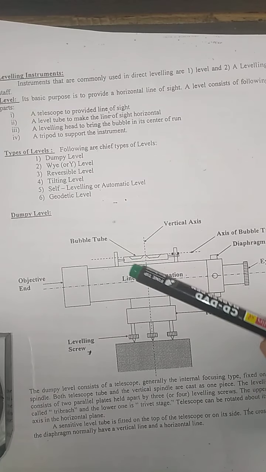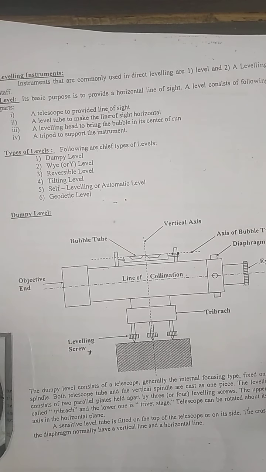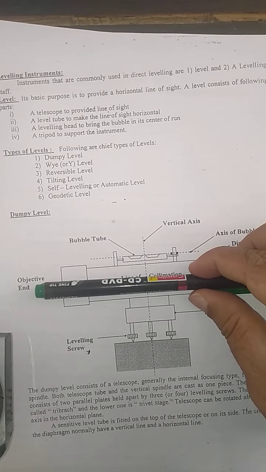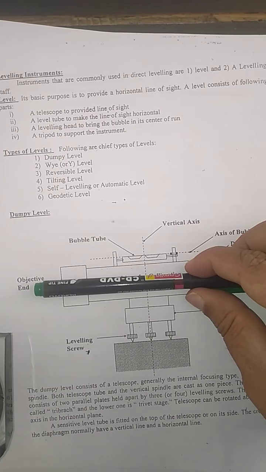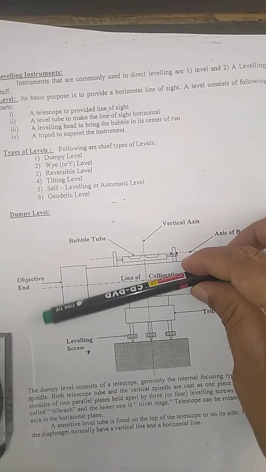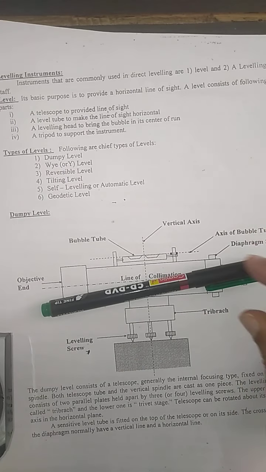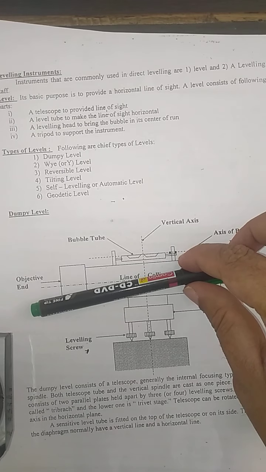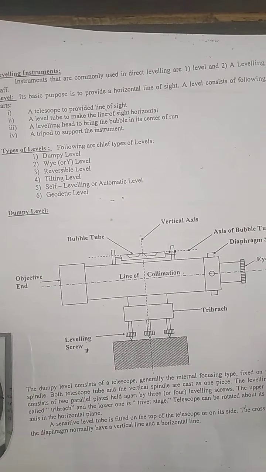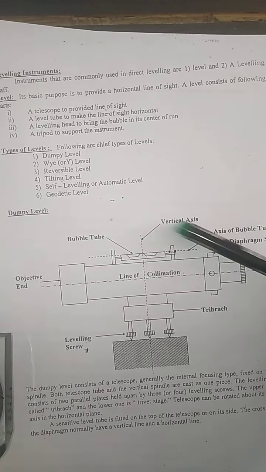Now if the bubble is not completely at the center, then the line of sight is not exactly horizontal. It is going to have some tilt. If we have some tilt in the line of sight, then whatever reading we take from the dumpy level, we are going to get a faulty reading. So when we set the instrument it should be completely horizontal. This bubble tube should be at the center.